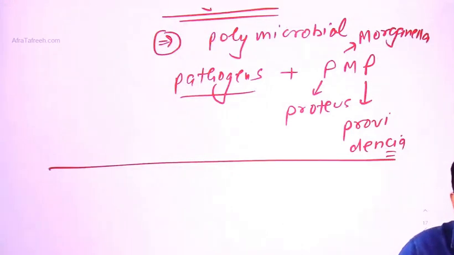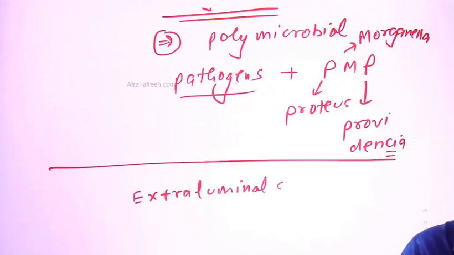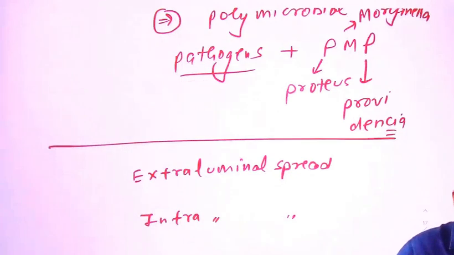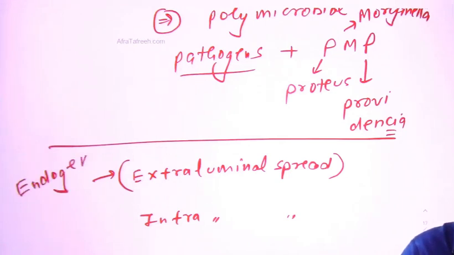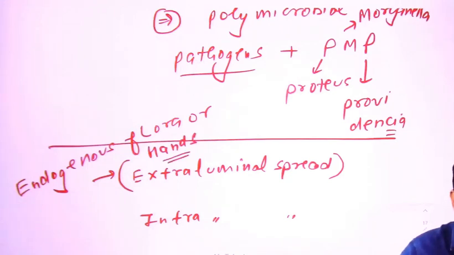Now, how does this infection happen? Obviously two routes are there. One is extraluminal spread, outside the lumen, and another is intraluminal spread, inside the lumen. The extraluminal one mostly deals with the endogenous flora of that particular patient, or it is introduced by the soiled or dirty hands of healthcare workers.